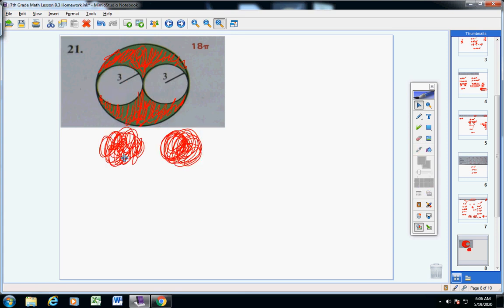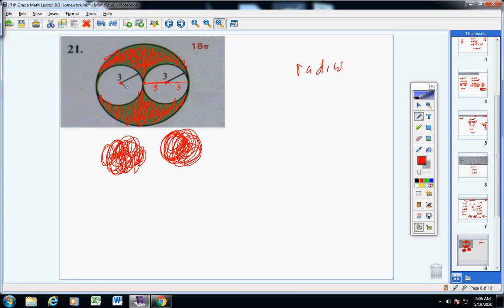Now, in order to find the area of this big circle, we have to know the radius, right? So think about it. If from here to here is 3, that means from here to here is also 3, which means from here to here is also 3.